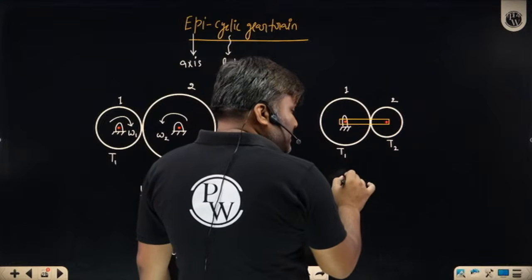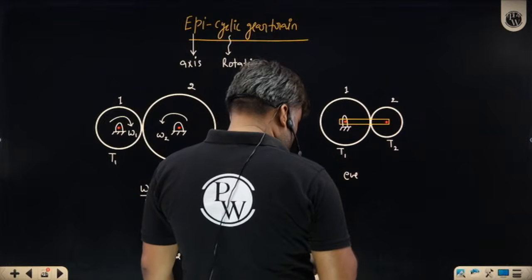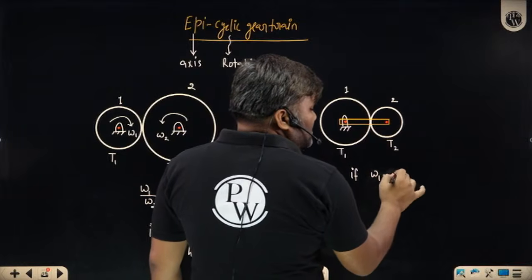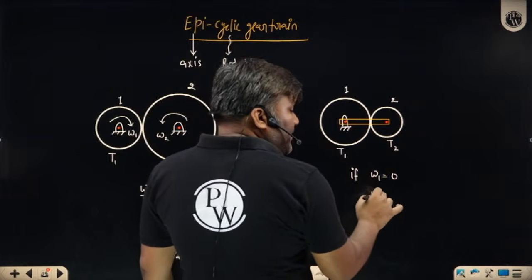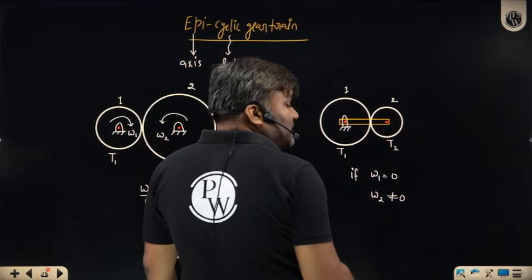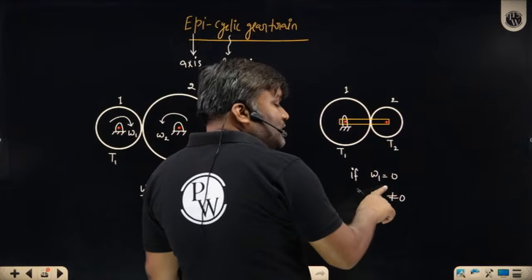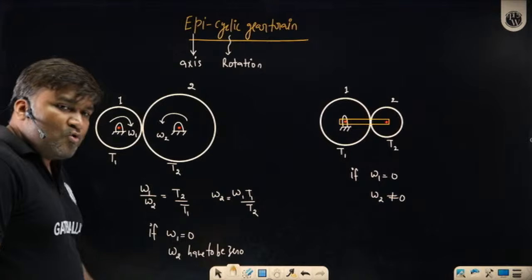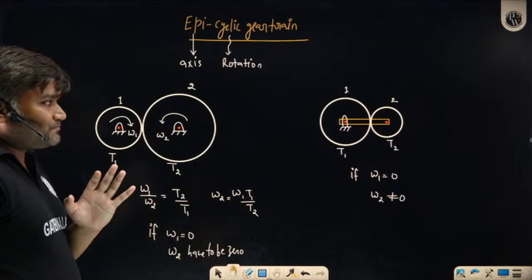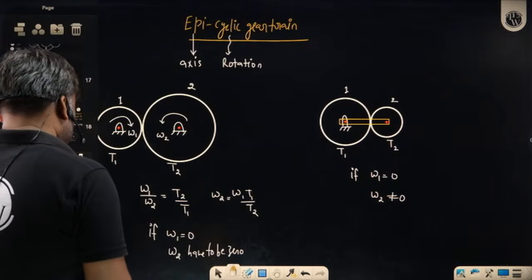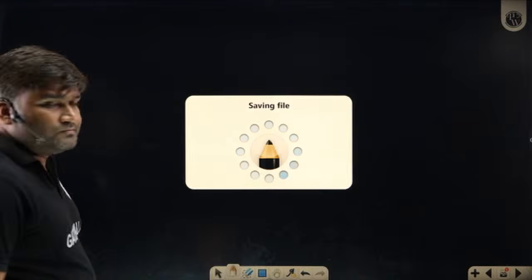So let me write, even if omega 1 is 0, omega 2 can be some non-zero value because of the rotation of the arm. And I hope everybody can feel this. Sir, because of the rotation of the arm, I am not able to solve this question.